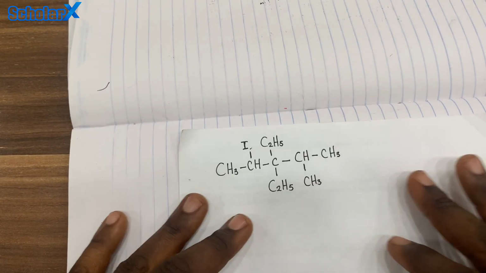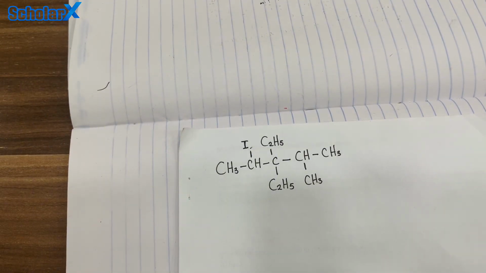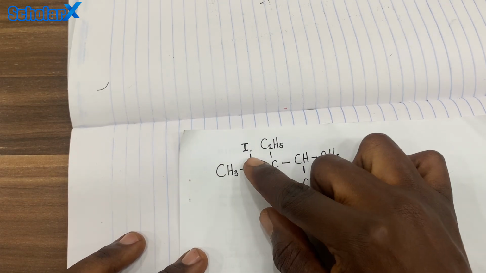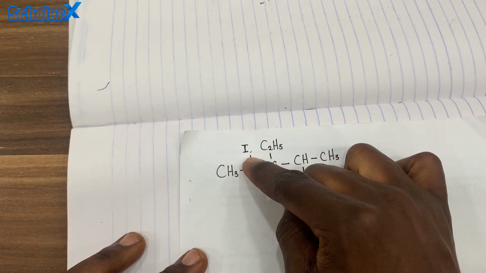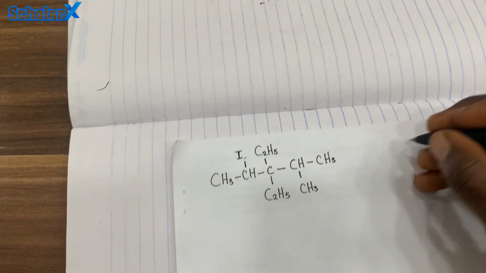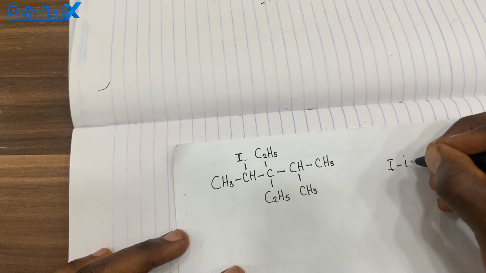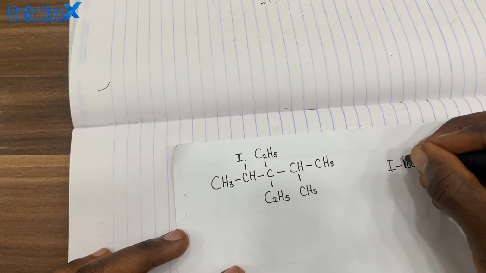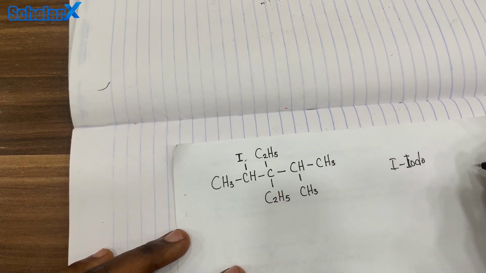Now, this other compound, we want to name this compound, all right? Now, how do we do this? Now, there's an inorganic substituent here, iodine, which we call iodo, right? Let me use capital letter here, Iodo, right?